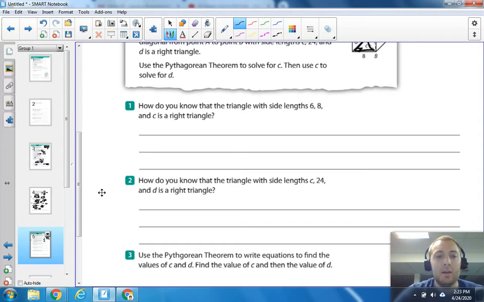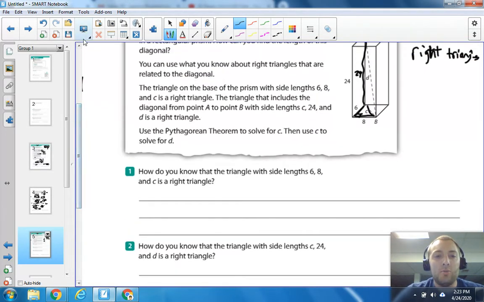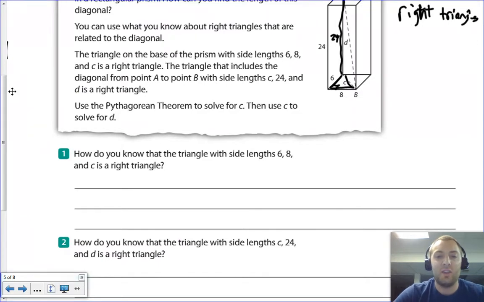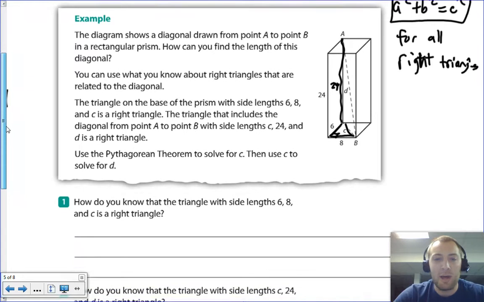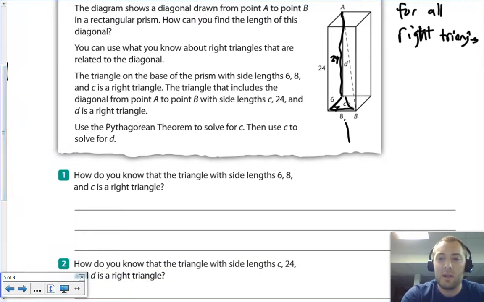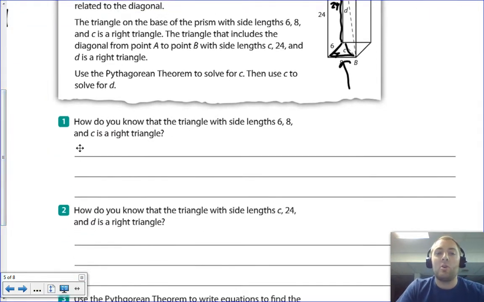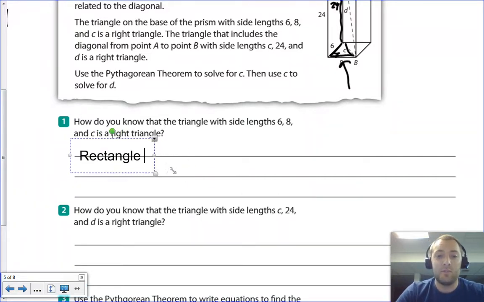Oops, sorry about that. Okay, number one. How do you know that the triangle with sides 6, 8, and C is a right triangle? So that's the very bottom triangle here. Well, we're given that it's a rectangular prism, and everything you know about a rectangular prism is that it's a 3D shape that has all rectangles for faces.